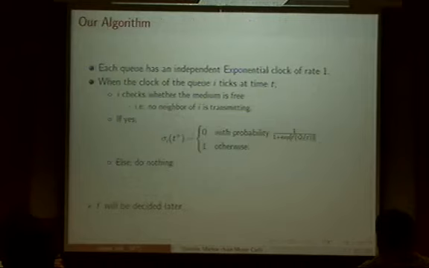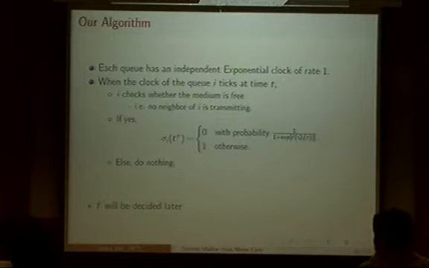This is our algorithm, which is very simple to describe and very easy to implement. In our algorithm, each queue has an independent exponential clock of rate 1.